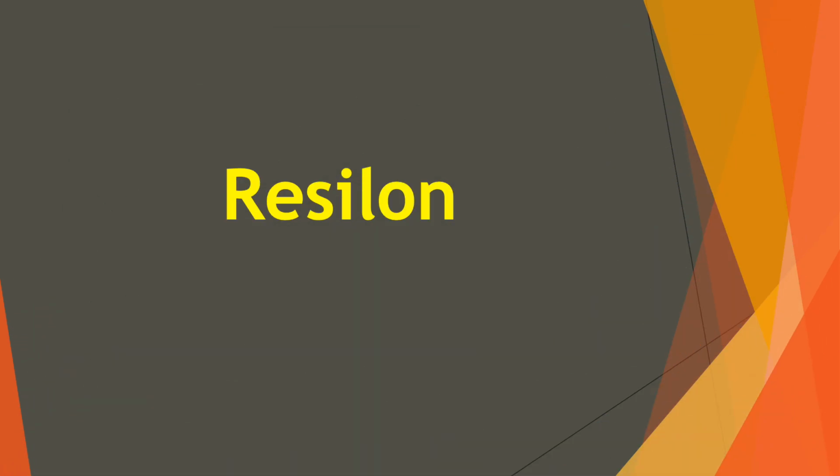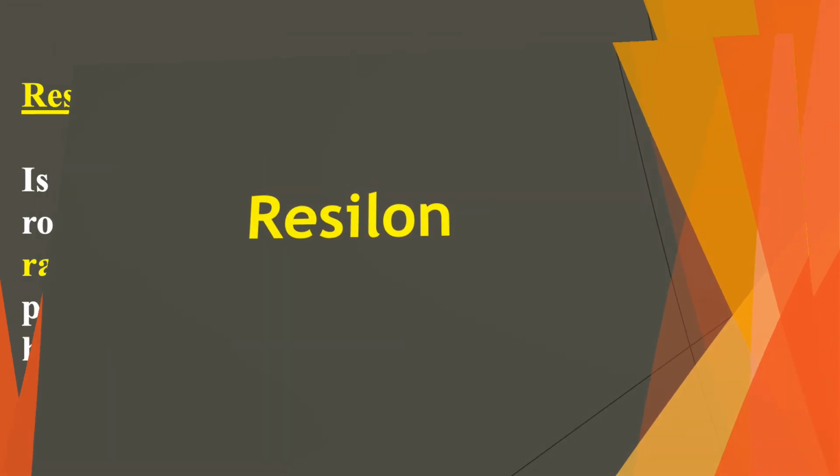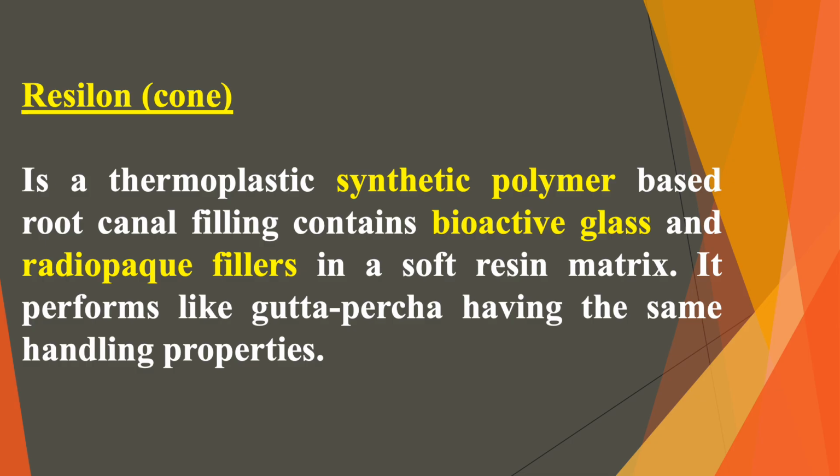Another material we use for obturation is Resilon. The first material, which we talked about, is gutta percha, and the second one is Resilon. It's a thermoplastic synthetic polymer based root canal filling, containing bioactive glass and radio-opaque fillers in a soft resin matrix.